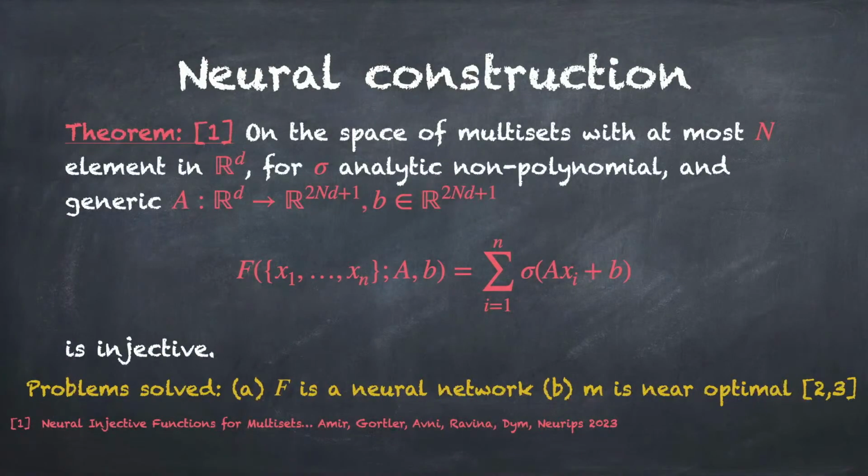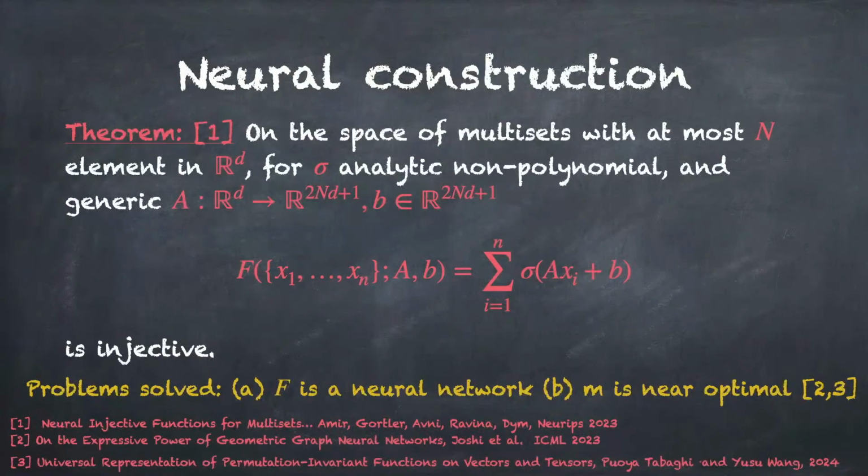Okay, and in a way, this solves the problems we set up before, right? First of all, this function f is a neural network, which is what we wanted. Second of all, the embedding dimension is linear in n and d, and you can show this is near optimal. On the one hand, you can show, and it was shown in this second paper, that as long as the function you put here is continuous, the embedding dimension will be at least n times d.